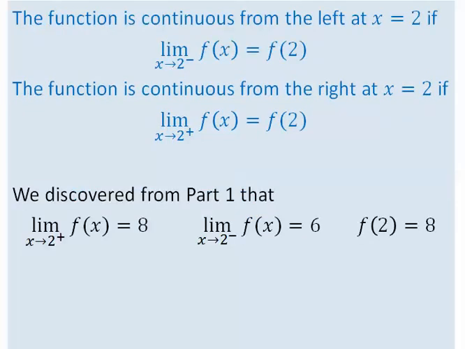We already discovered from part 1 that the limit as x approaches 2 from the right is 8, and the limit as x approaches 2 from the left is 6. We also found that f of 2 equals 8.